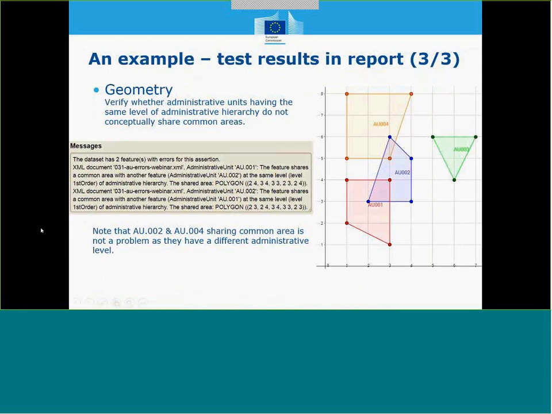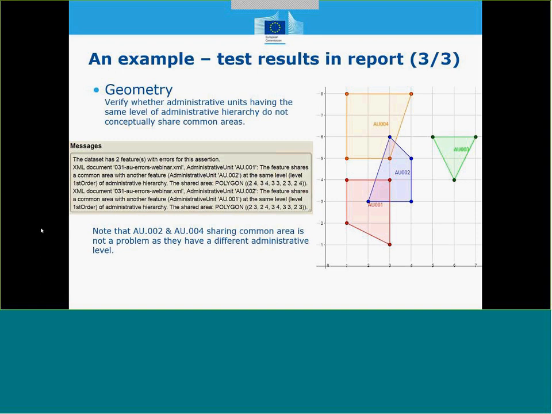So you can see here the 2 messages that were previously in the validator. And I've also drawn out the 4 administrative units which are in the data set that we are using today, so that you can more easily see what is going on.